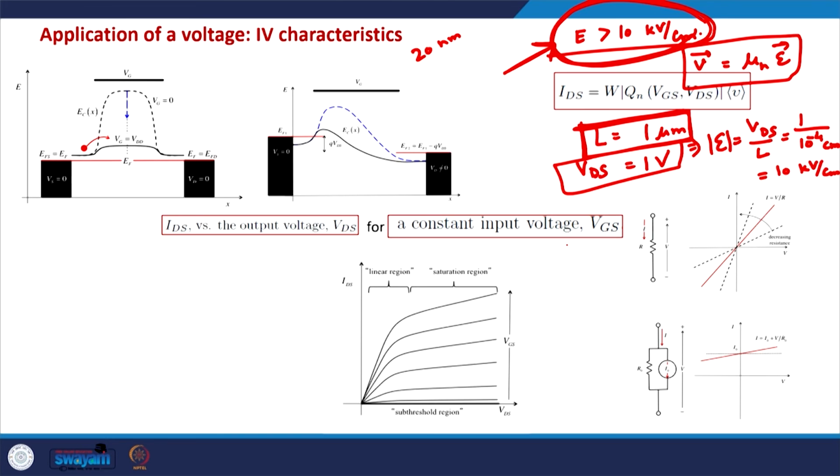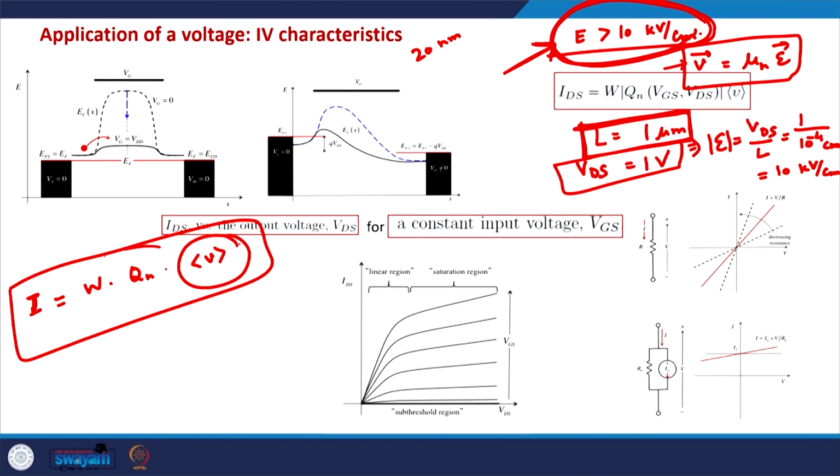In that case we can expect that the velocity of the electrons will saturate, and because of the velocity saturation, as you can see, the current is given by I equal to W times Qn times V. So if this velocity saturates, the current will also saturate, given everything else is constant.